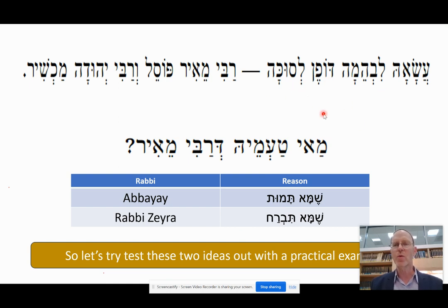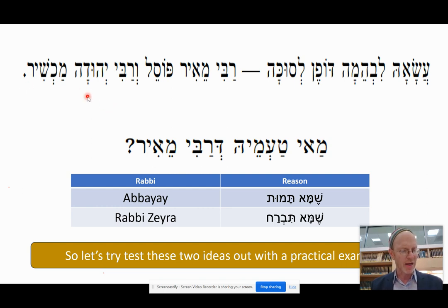Someone made a sukkah with one of its dofens, one of its walls, being a behema, an animal. Rabbi Meir says that is pasul, that is not allowed. Rabbi Yehuda says that is an okay sukkah. Rabbi Meir says that is not okay, pasul. Rabbi Yehuda says that is kosher, machshir.